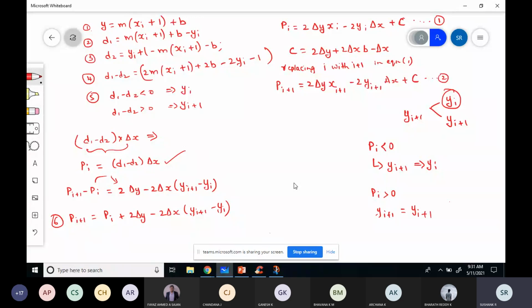Let's simplify further. First we'll consider p i less than 0.